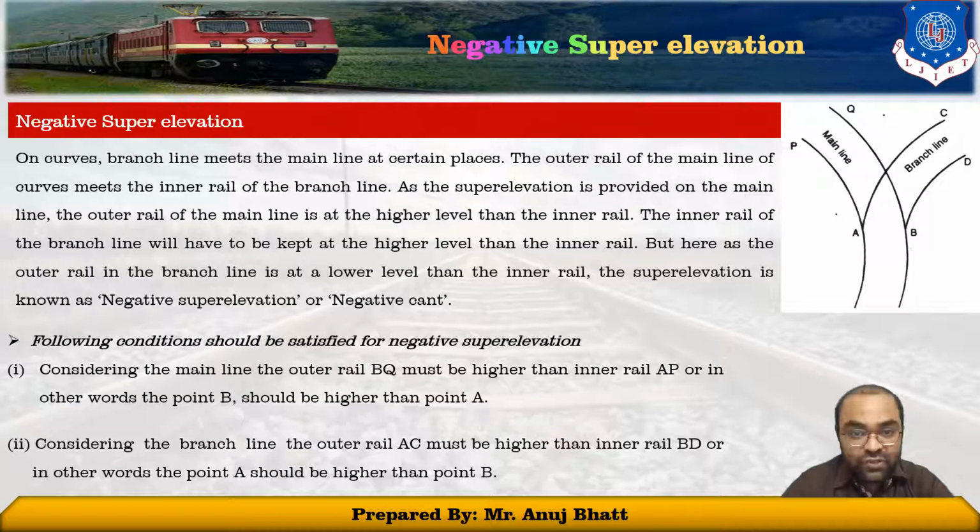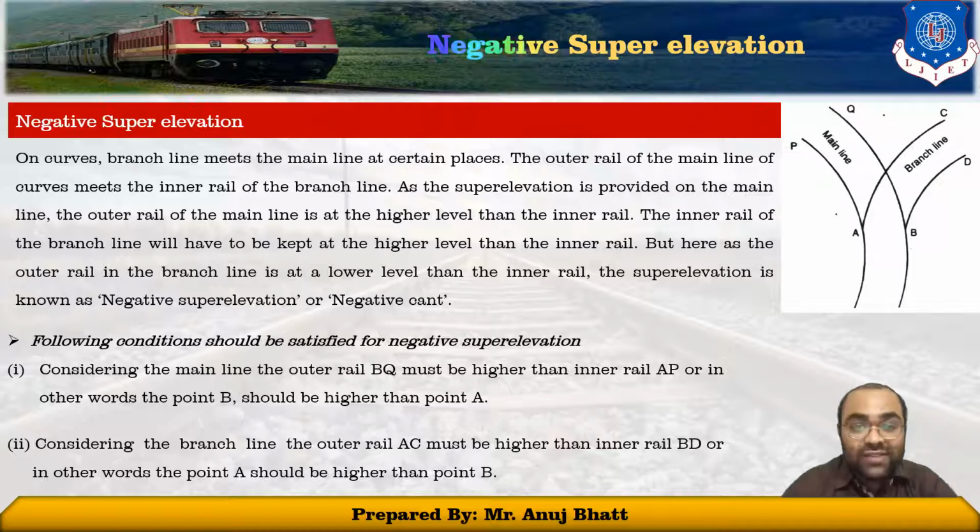In other words, the point B should always be at a higher level than the point A. And considering the branch line, the outer rail AC must be higher than the rail BD. In other words, the point A should be higher than the point B.